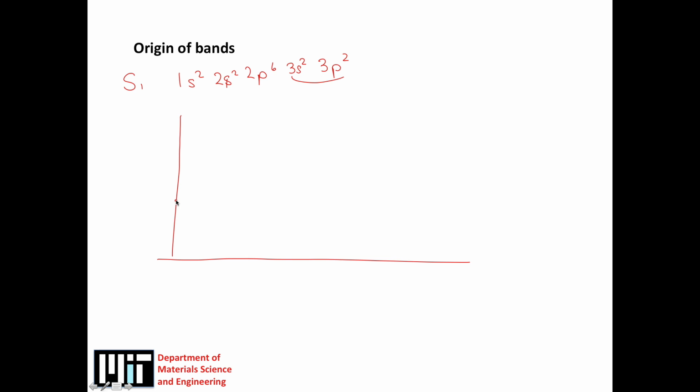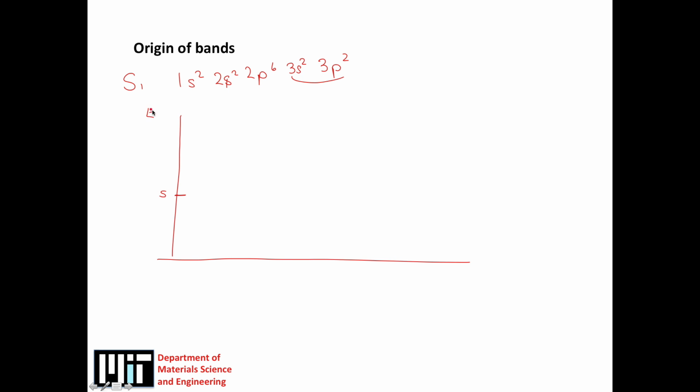Before we go any further, let's just think about where these bands come from. If we think about silicon, we've got 3s2 3p2 completing it, and these are the ones which are going to make the bands, those 3s and 3p electrons. If we have a separate silicon atom, we know that they have quite distinct energies, and I'll just indicate it here. This is the S level.